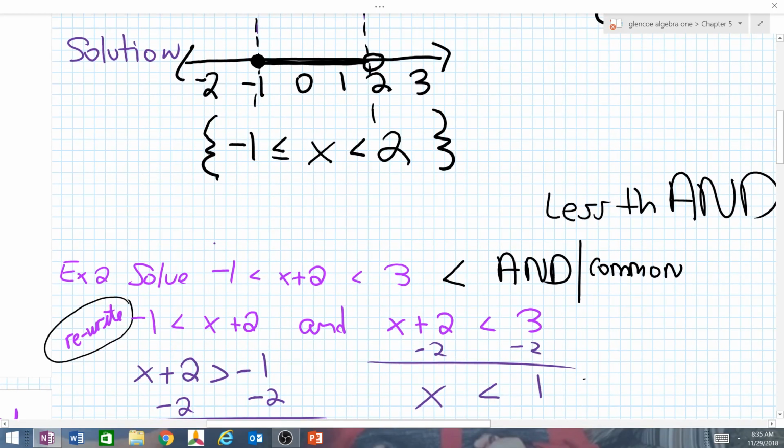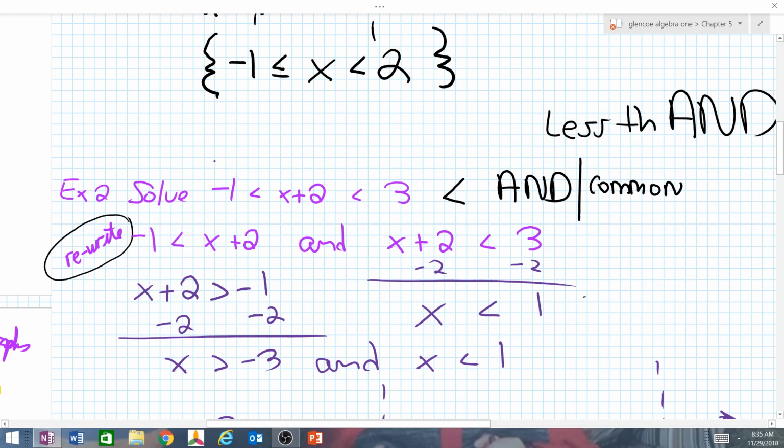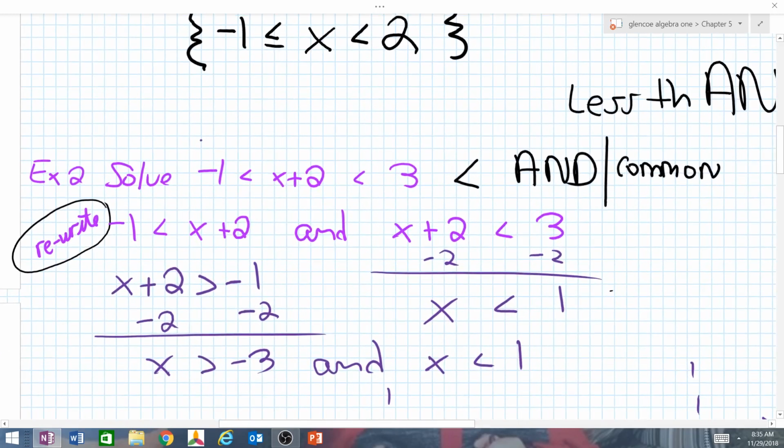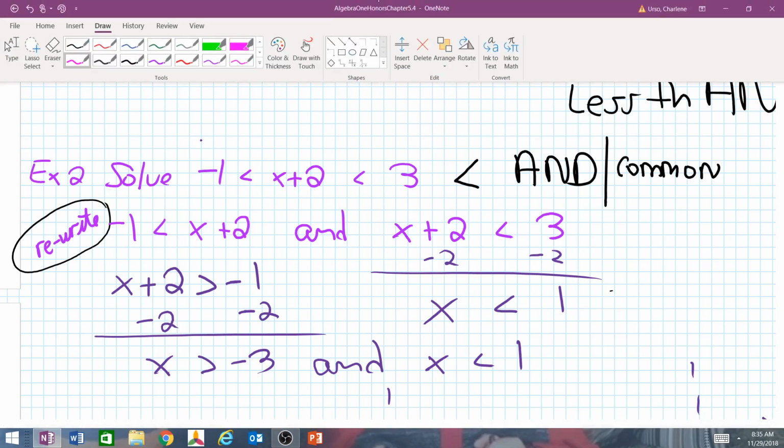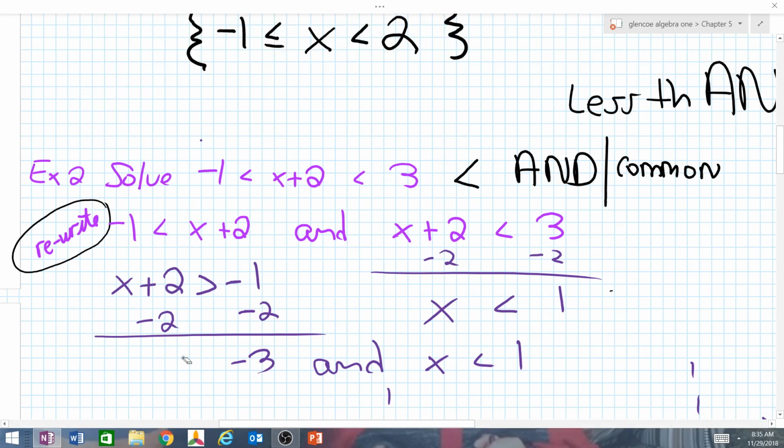This one is -1 is less than x plus 2 is less than 3. So the first thing we have to do is what we call a rewrite, and we're going to separate it. So my first inequality will say -1 is less than x plus 2. And my second inequality will say x plus 2 is less than 3. I'm just going to erase all of this for you so we don't get ahead of ourselves.